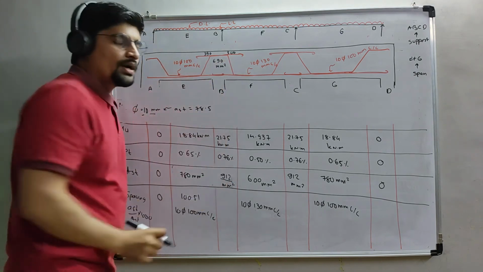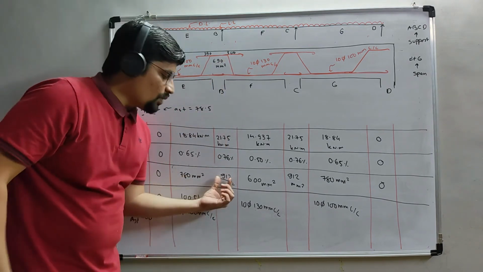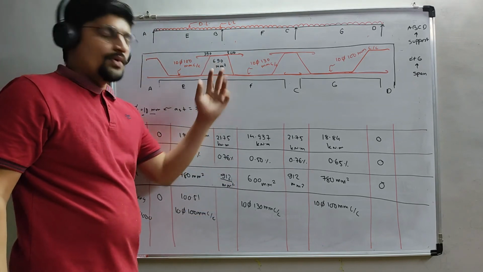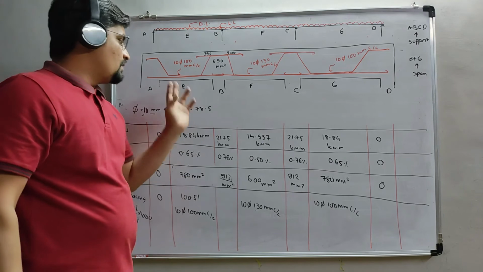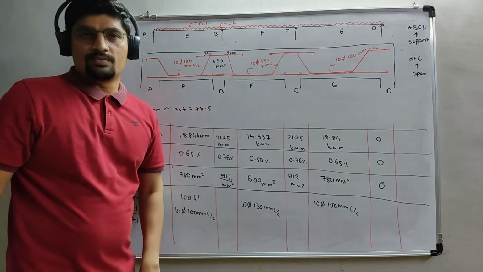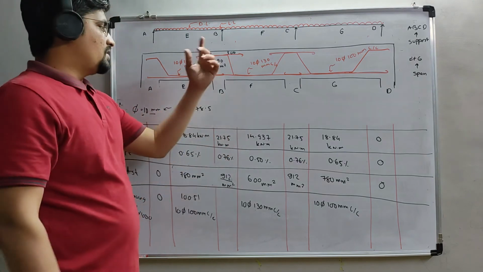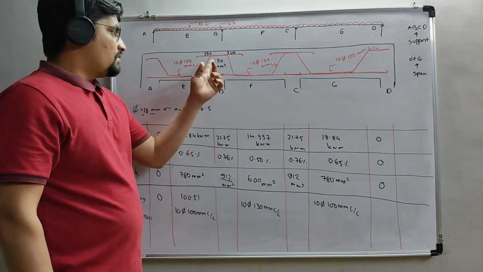We needed 912. So from the 912 mm square, the 690 mm square AST we are already getting from the E reinforcement and F reinforcement. So we need to provide the reinforcement for the remaining part.